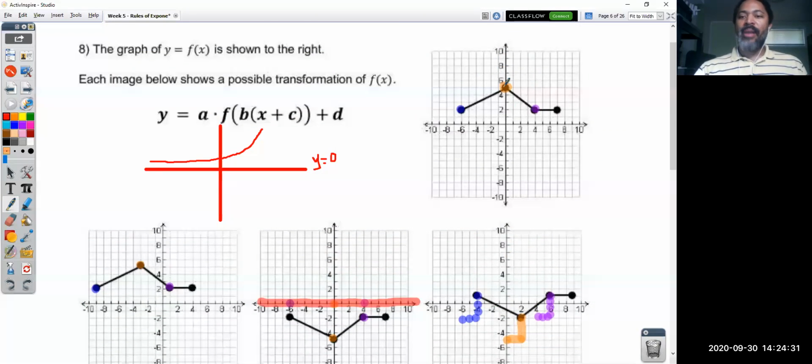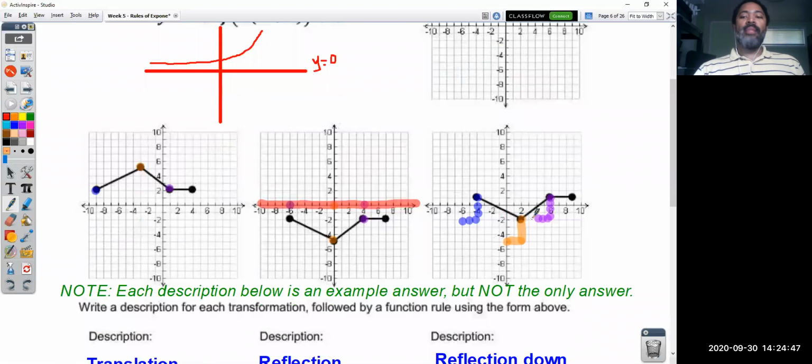So if I move up 3 to (0, 8), I need to then reflect over the line y equals 3 to go from (0, 8) to (0, -2), and then move right 2, and then I'll have the right location.